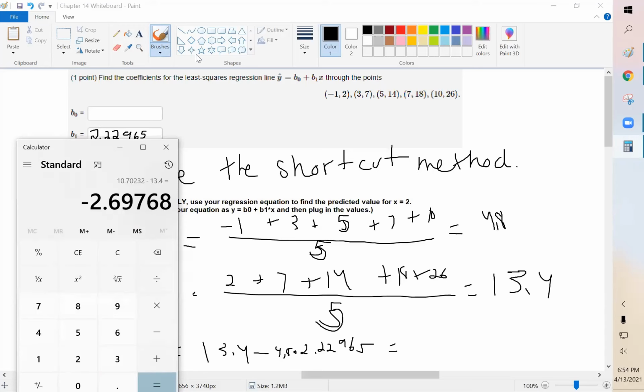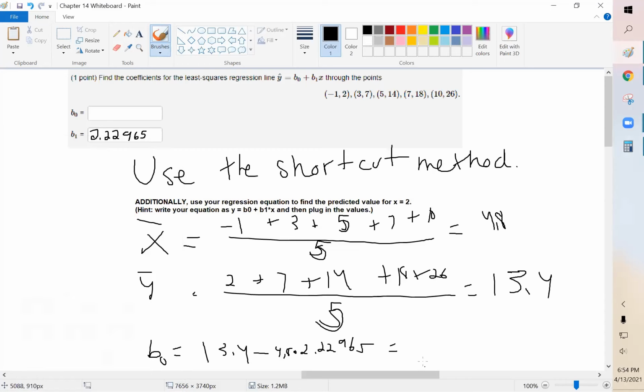It's positive because I flipped the signs around, which makes it easier to enter. So now we can round this if you want, 2.698.